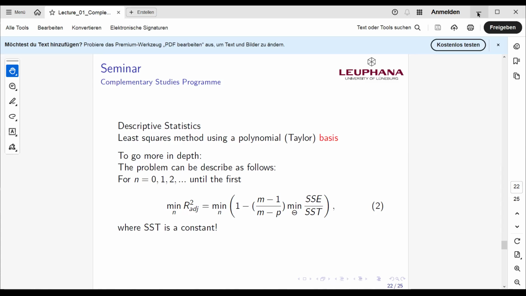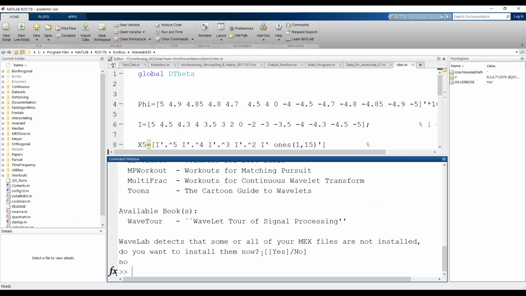I don't know if all students have worked with MATLAB. To start MATLAB, you have to click twice on the icon, at least in the Windows system. If you need to access MATLAB, I think the license is still available. If you send me an email, I will ask.